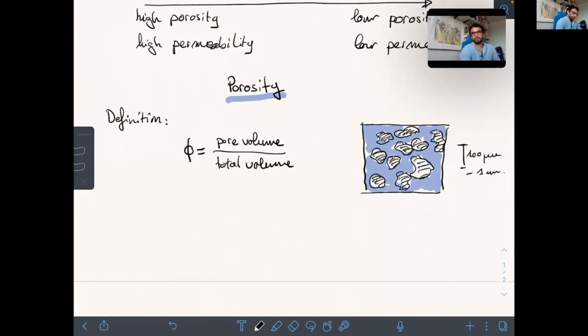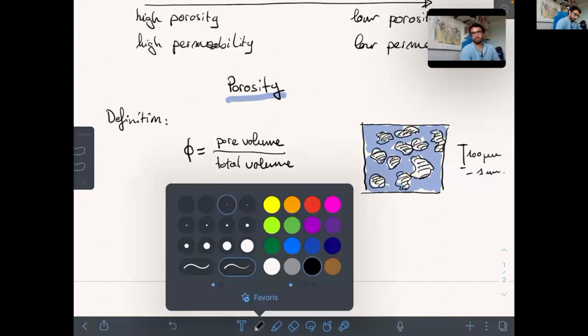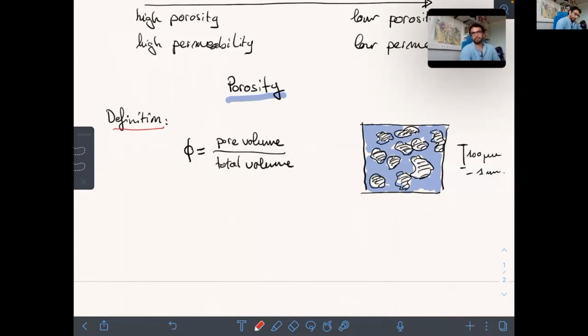Okay, so typical values of porosity are the following. So maybe I will let you guess to start. If you take a sand, what would you think the porosity of sand is in general? Can you make some guess in the chat?